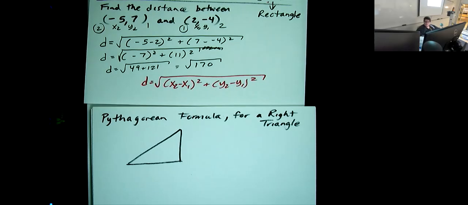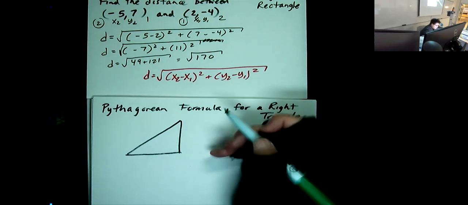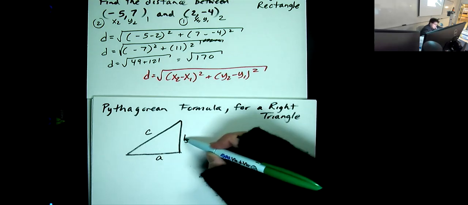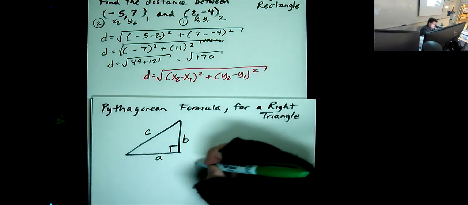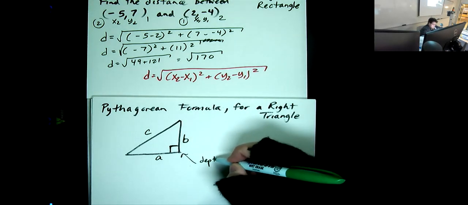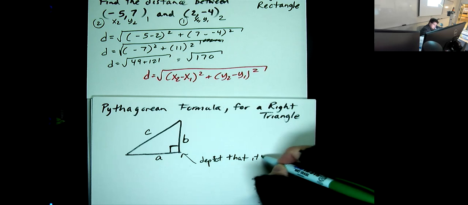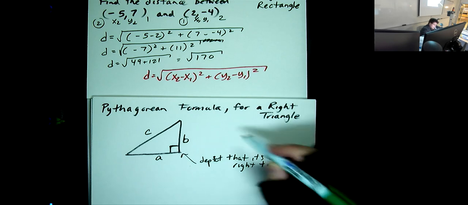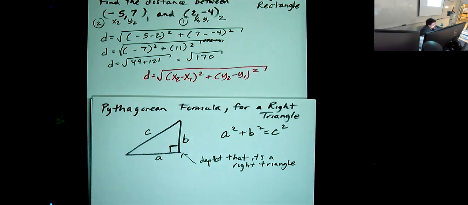Oh, it's the one I had already written at the top of the page. I didn't see it. Thank you. So if we call the longest side c and the two shorter sides a and b, the Pythagorean formula says for a right triangle, and they generally depict a little square in the corner to show that it's right, a squared plus b squared equals c squared.